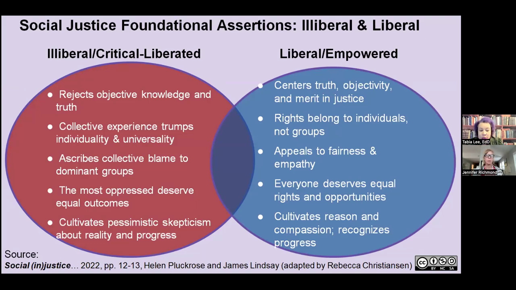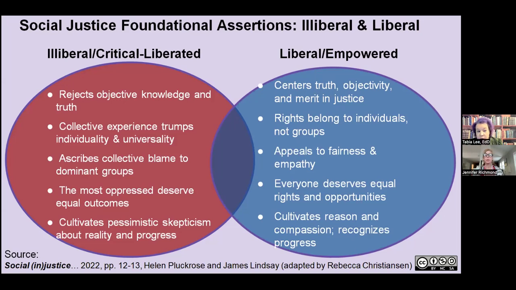You'll see ascribing of collective blame to dominant groups. This idea that the most oppressed deserve equal outcomes and they must have them by any means necessary. This idea that there hasn't really been progress, and this pessimistic skepticism about reality and the state of the world and progress at large.